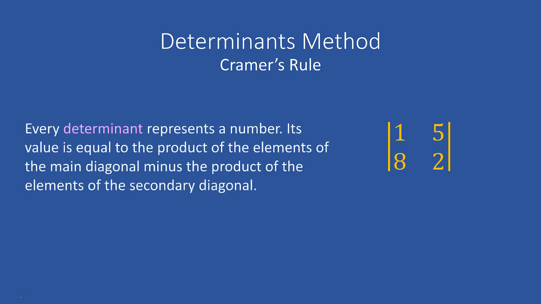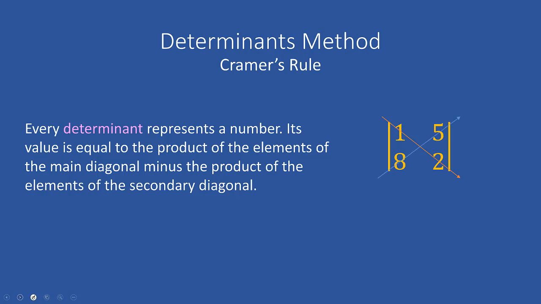Now, every determinant represents a value, a number, and its value is equal to the product of the elements of the main diagonal minus the product of the secondary diagonal. The main diagonal in this example would be 1 times 2, and the secondary diagonal would be 8 times 5.